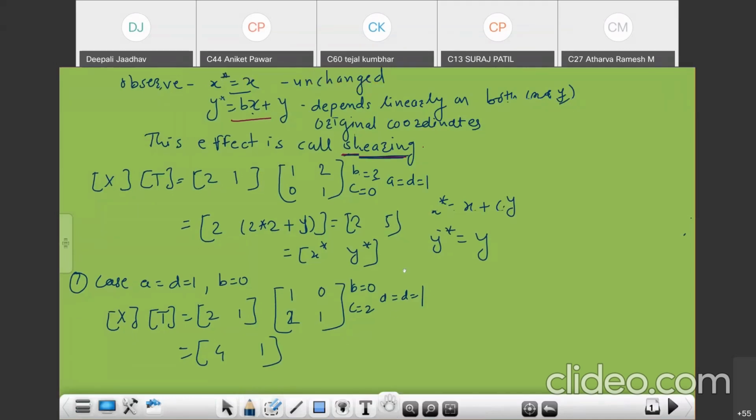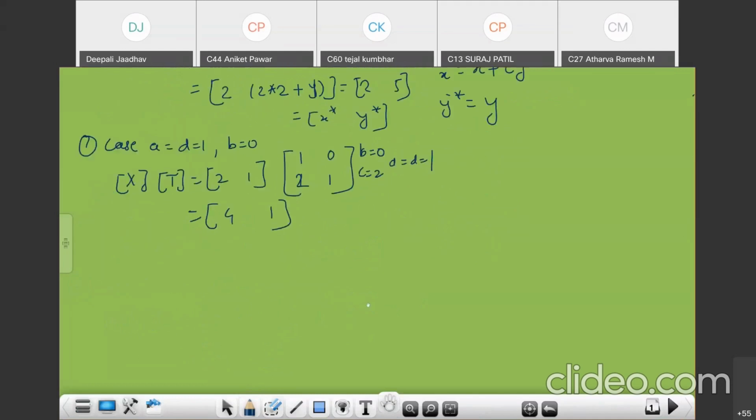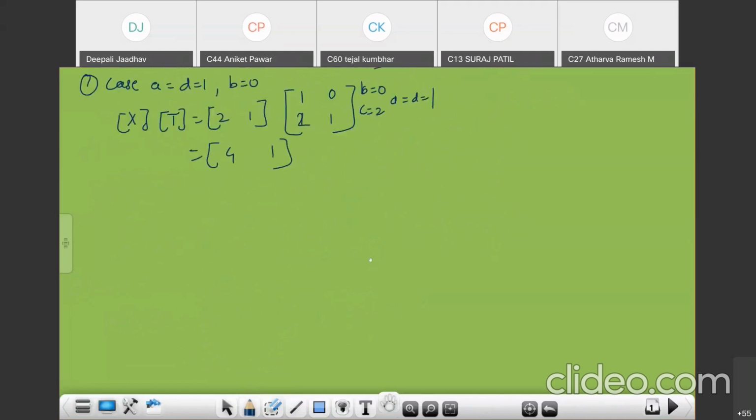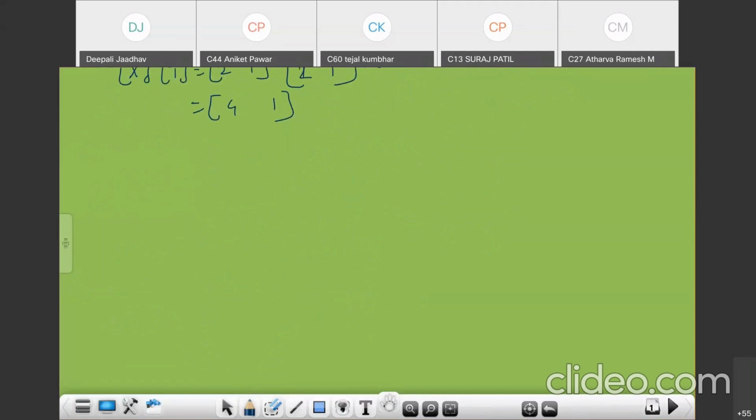Now the last case. Suppose the coordinates x, y are 0, 0, meaning the origin point. We consider the origin point of a line.